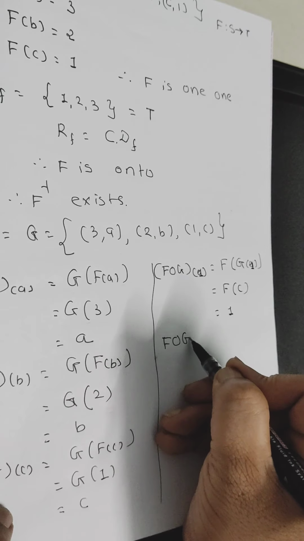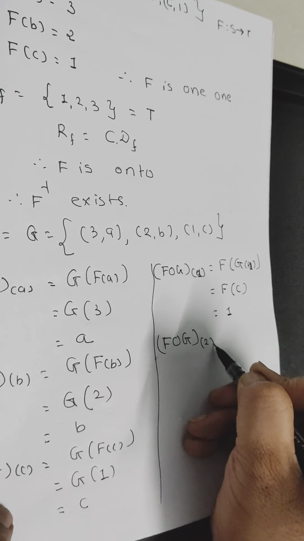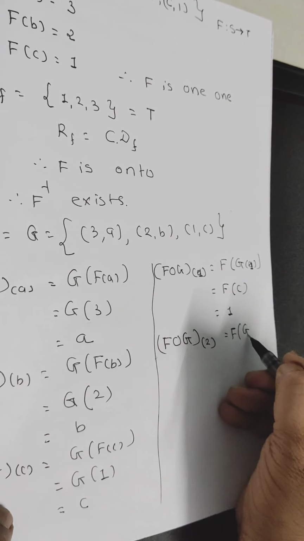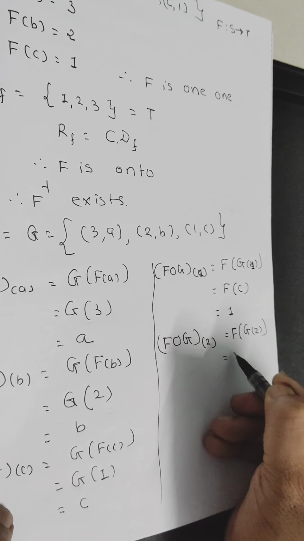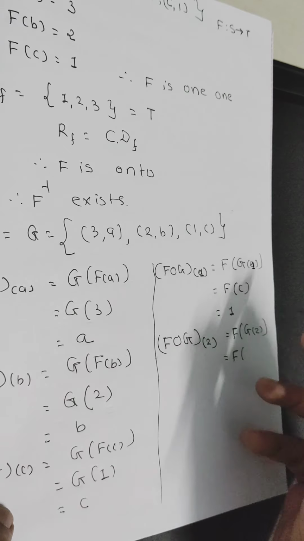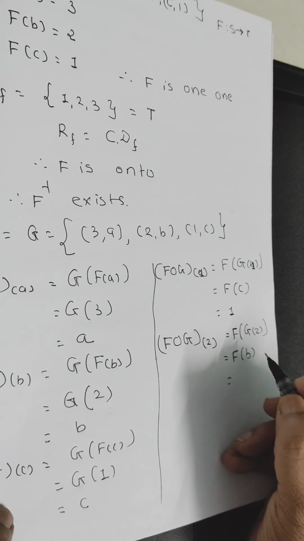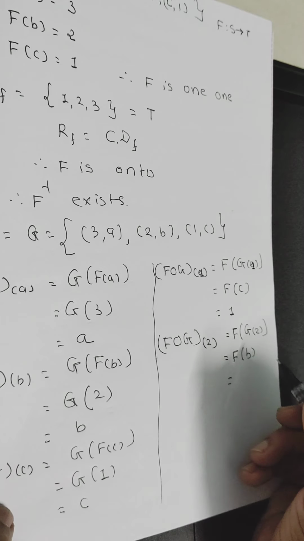Same way F of G of 2, so that is F of G2. So F of G2 is B and F of 2 is equal to F of B, that is equal to 2.